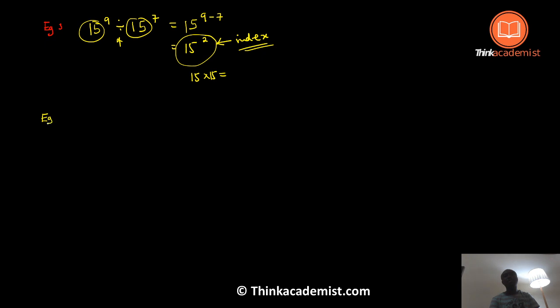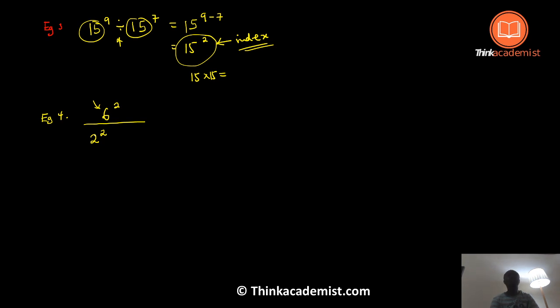Example 4 will be the real deal, where we want to look at some form of it. So we have 6 raised to the power 2 all divided by 2 raised to the power 2. Looking at this carefully, we can't do anything to the powers, because we don't have any number that can change to, let's say we want to use 6 as our base number. 2 cannot transform itself to 6.